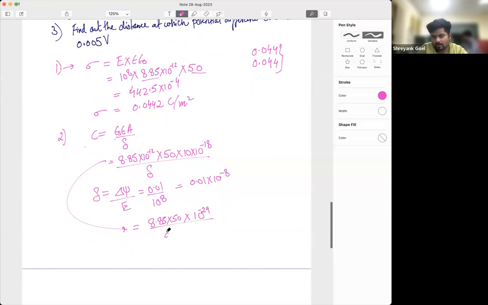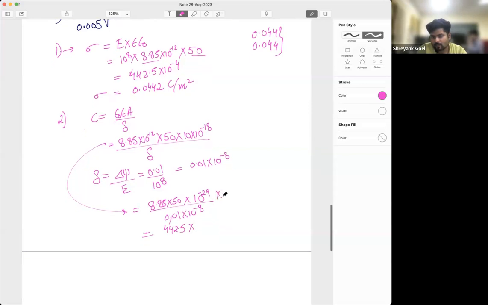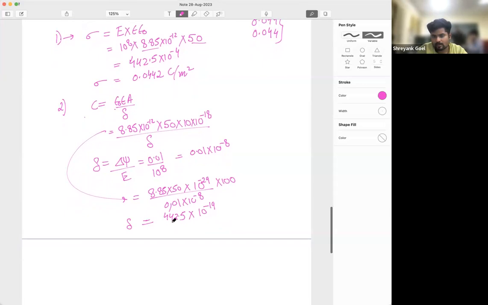So this becomes 442.5 into 10 to the power minus 90 meter.